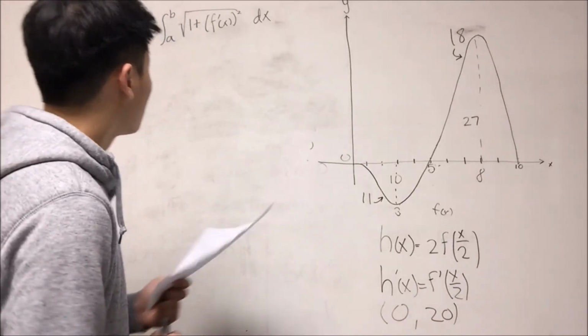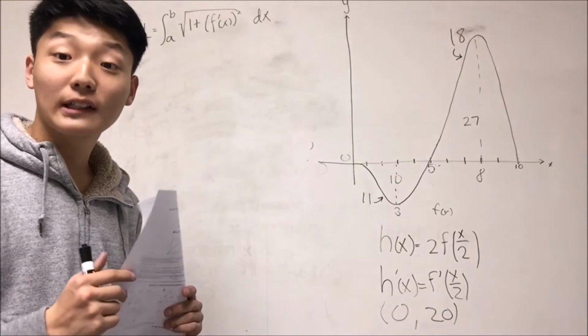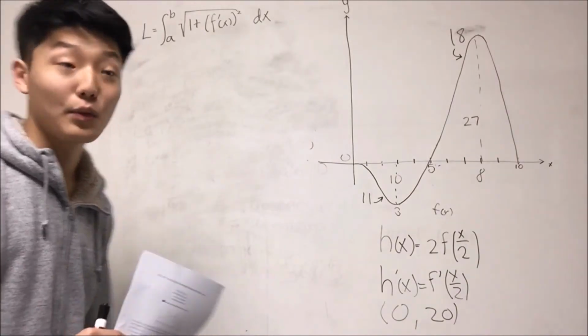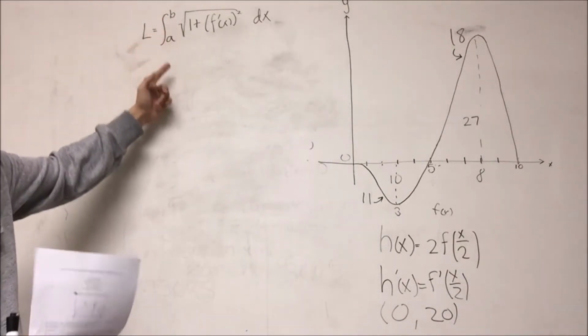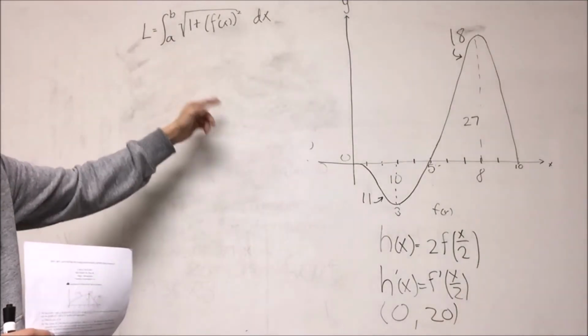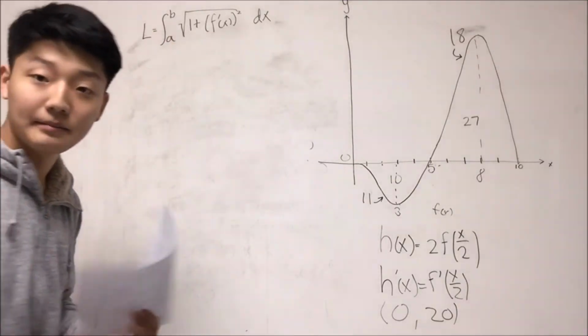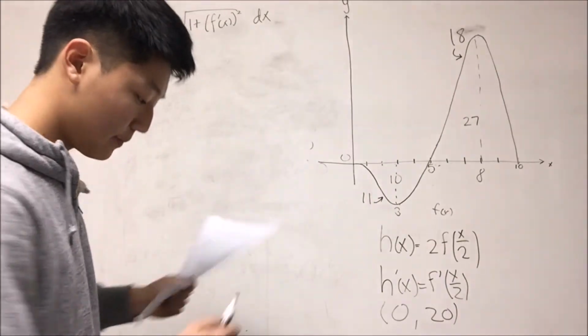So, because the question is asking for arc length, we have to use the formula of arc length, which is the integral from a to b of the square root of 1 plus f prime x squared dx. So let's start plugging in.